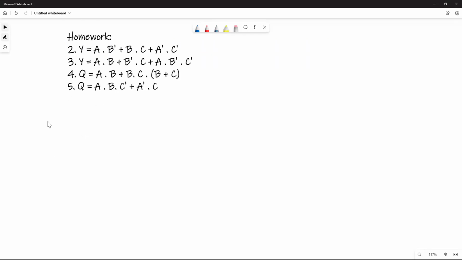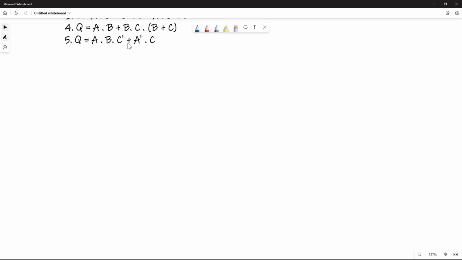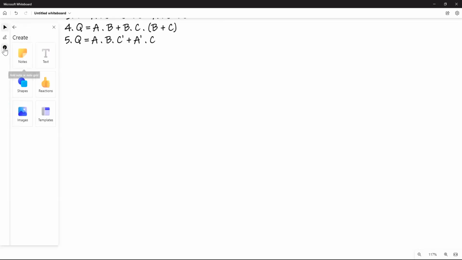So let's write down the new part which we are going to discuss today. We are going to talk about how we can simplify logic expressions.